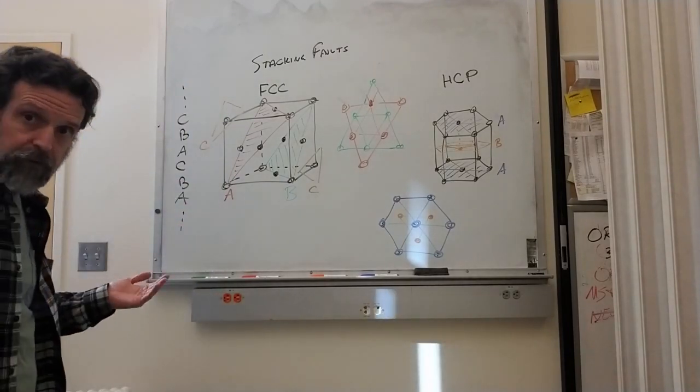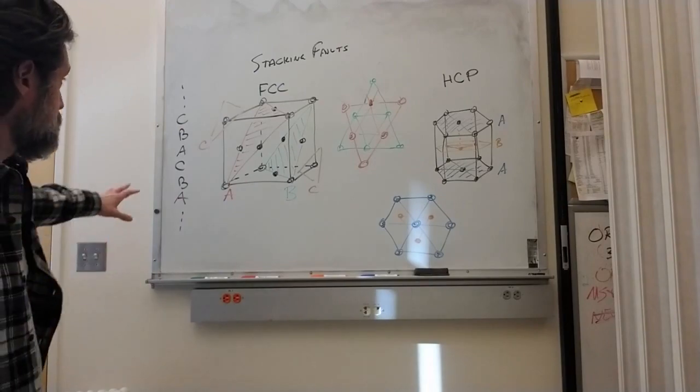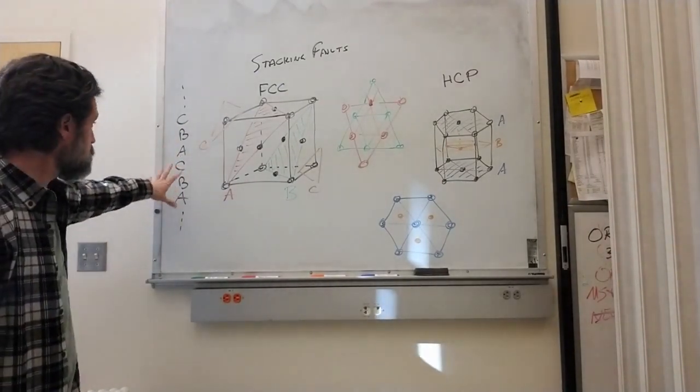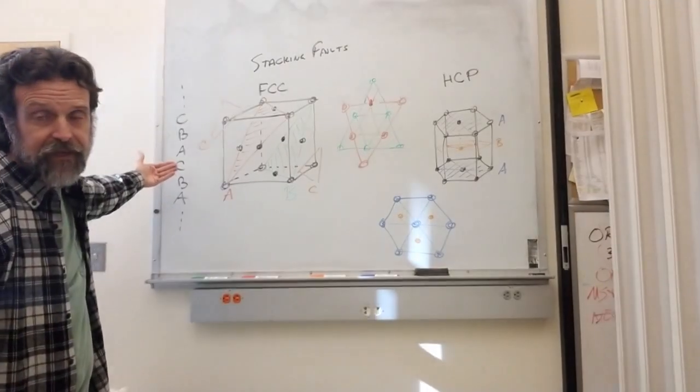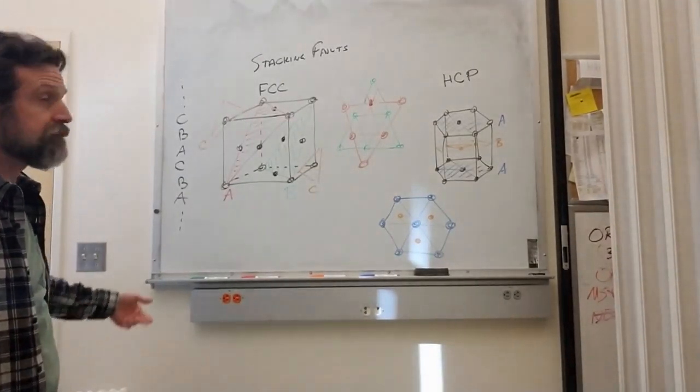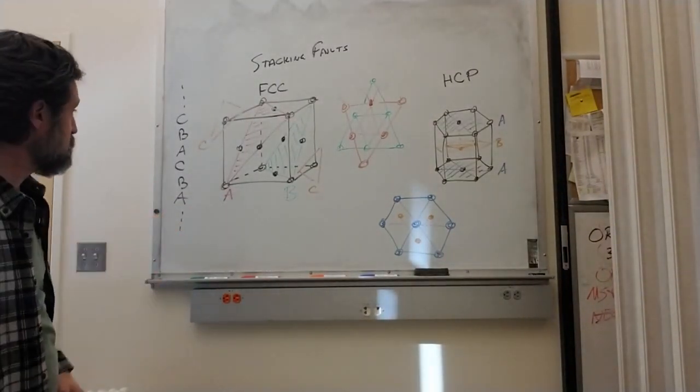And we said that a stacking fault is a place in which we have, well, if it's an intrinsic stacking fault, it means that we're missing a plane of atoms.